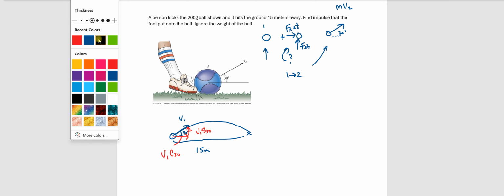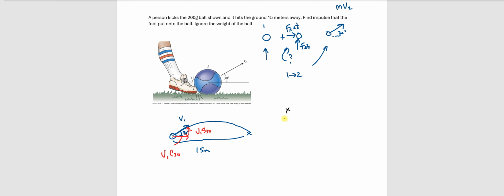Then we analyze the motion independently. In the x direction, we expect an acceleration of 0, ignoring air drag, and keep in mind that this is dv dt. That means it integrates to v equals a constant, which is v1 cosine 30 degrees.